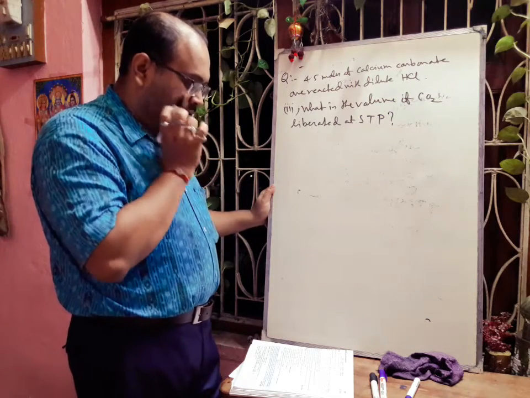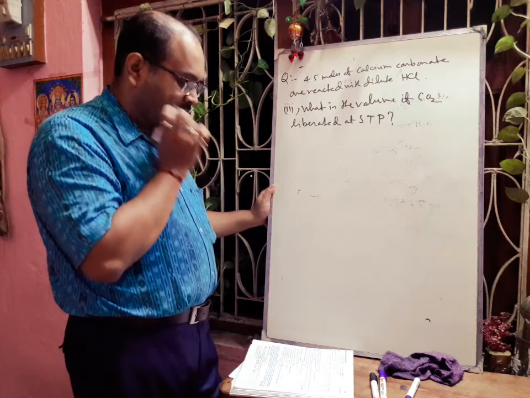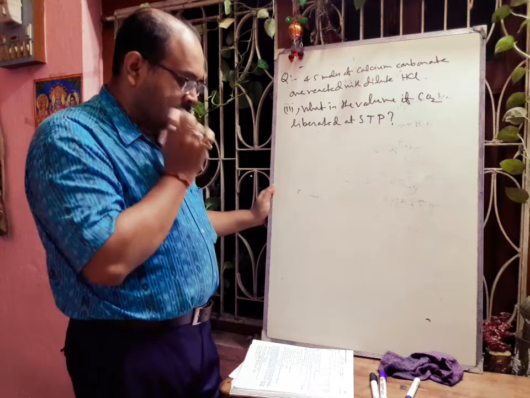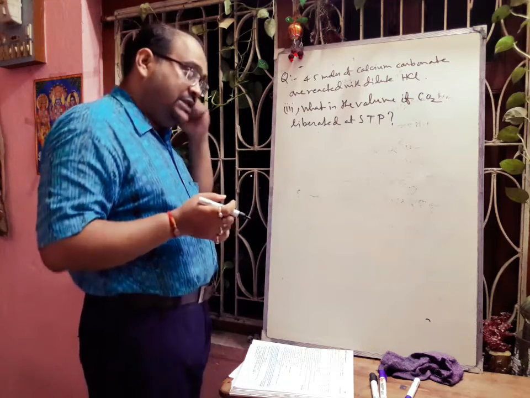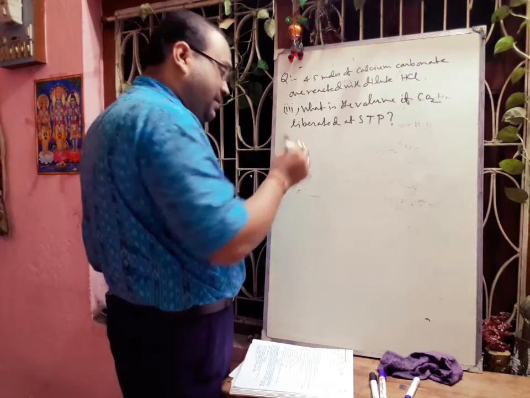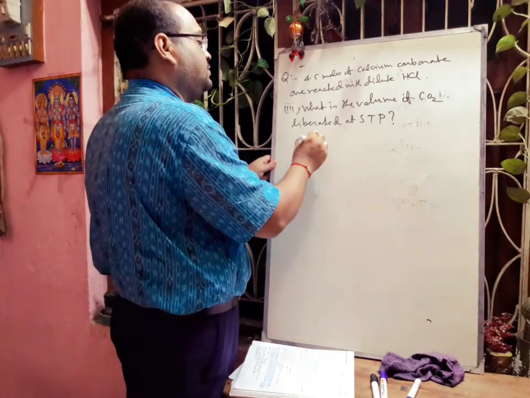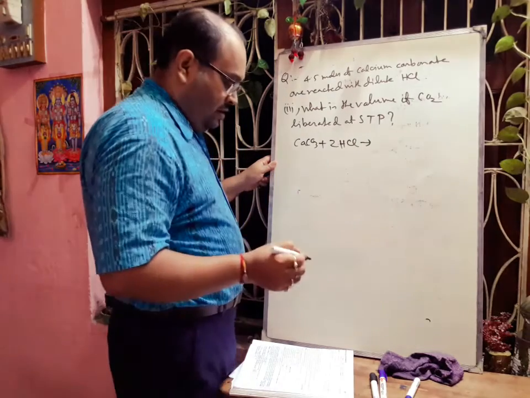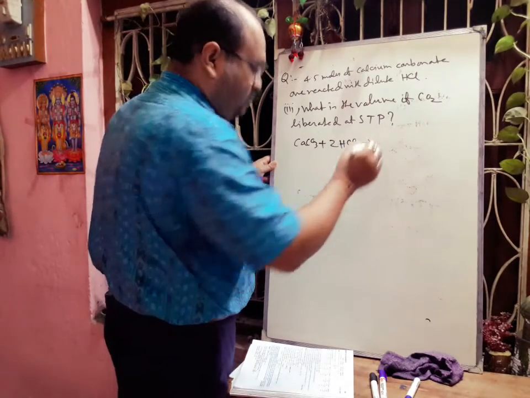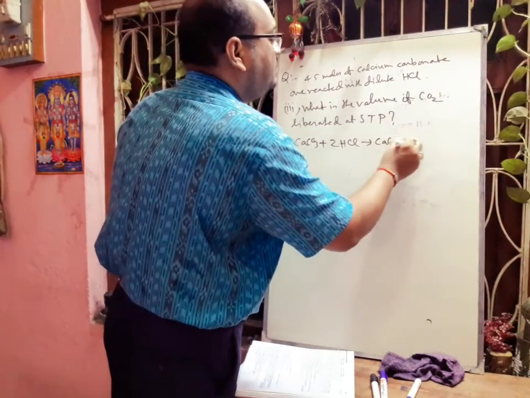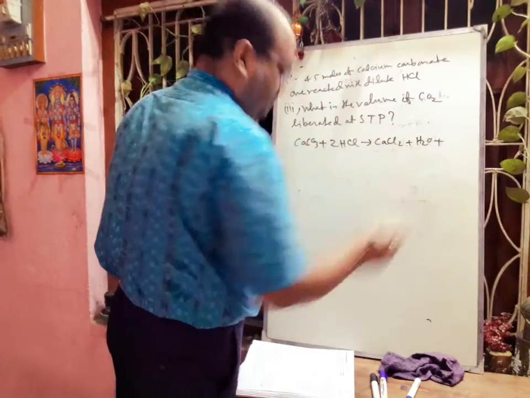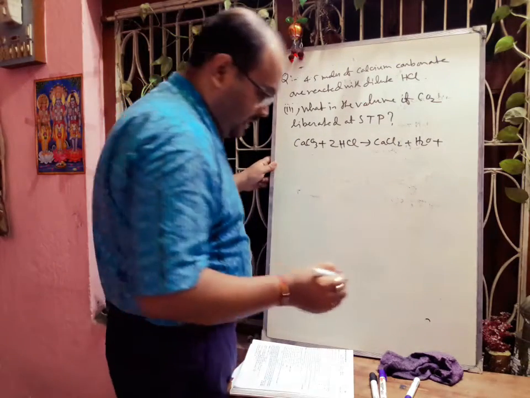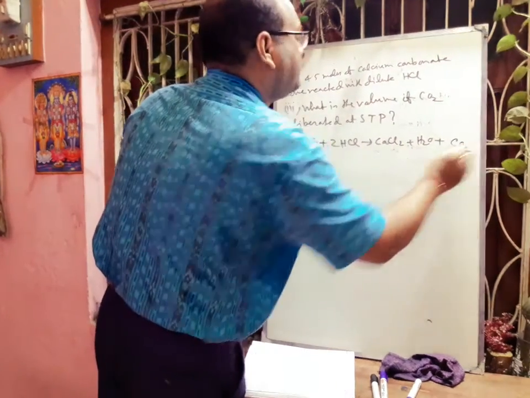we have to write the equation again. Okay. From the equation we can easily understand that calcium carbonate 1 mole is reacting with 2 mole of HCl, forming calcium chloride plus water plus carbon dioxide gas. Okay.